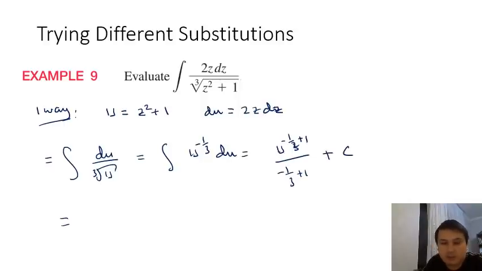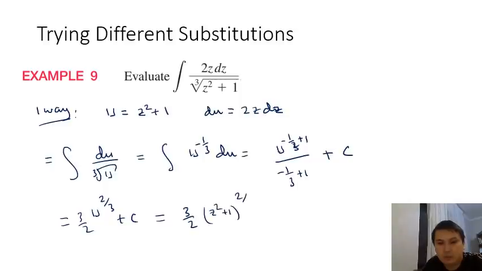So what is this? This is u to the 2 over 3, divided by 2 over 3, which gives 3 over 2, plus the constant, and you remember that u is equal to z squared plus 1, so this is 3 over 2 times (z squared plus 1) to the power 2 over 3 plus a constant.